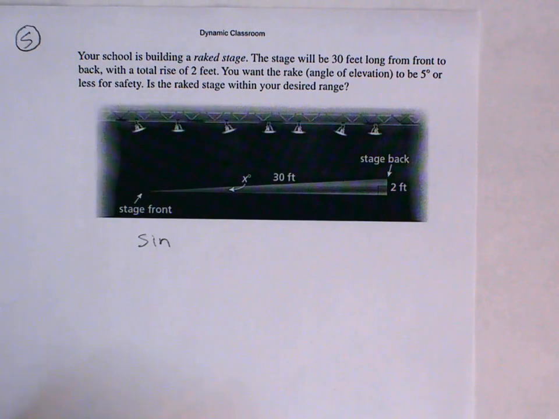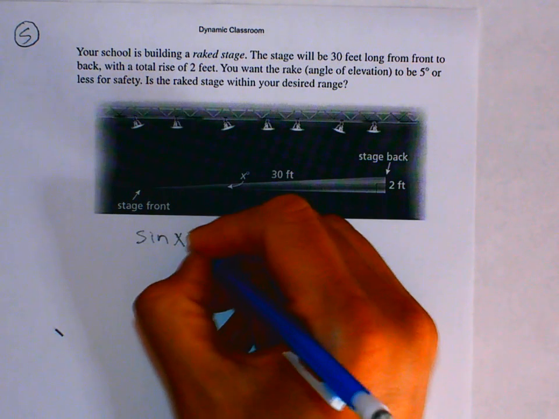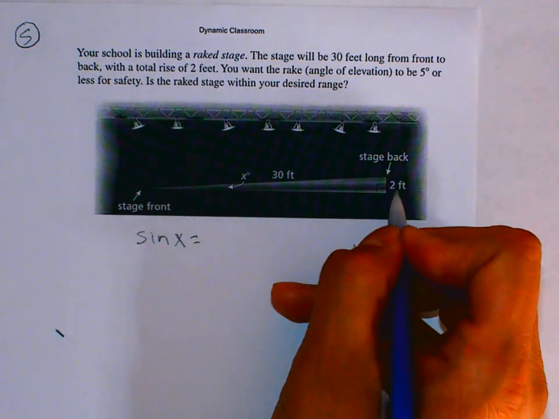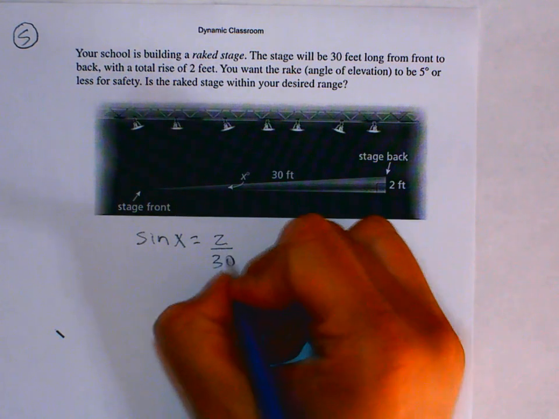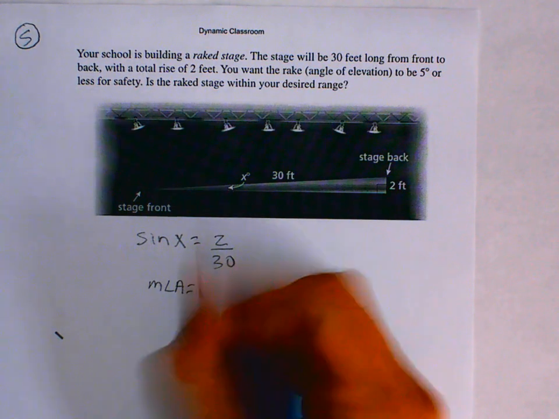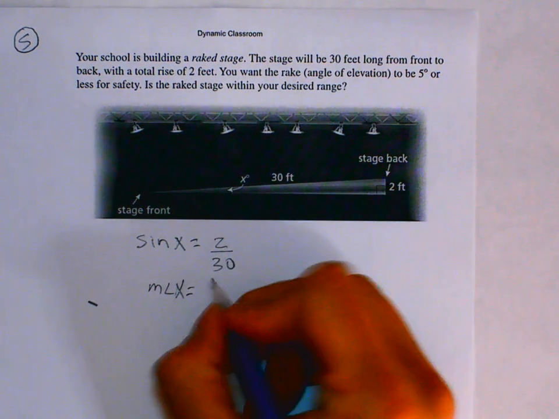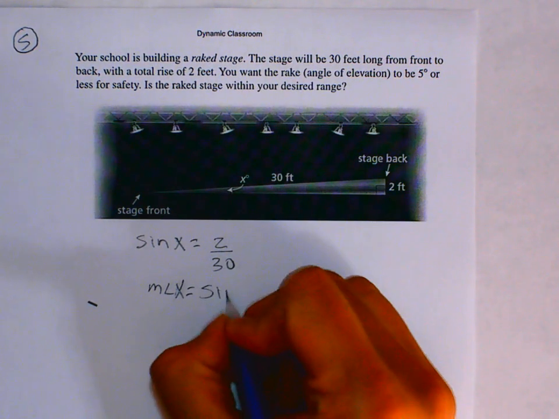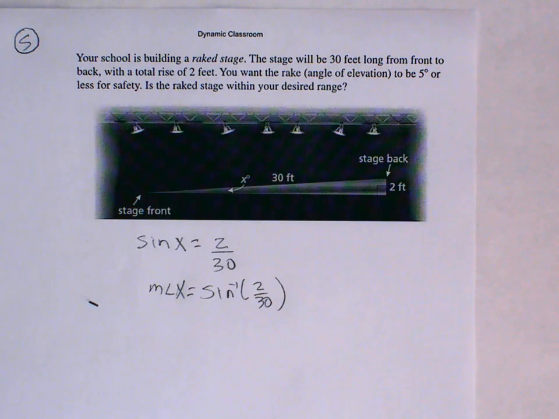So the sine of angle x is the opposite over the hypotenuse, 30. So I'm going to solve for x. The measure of angle x is equal to, x, not a, the sine inverse of 2 over 30. Okay, so I'm going to type in 2 over 30 on my calculator.